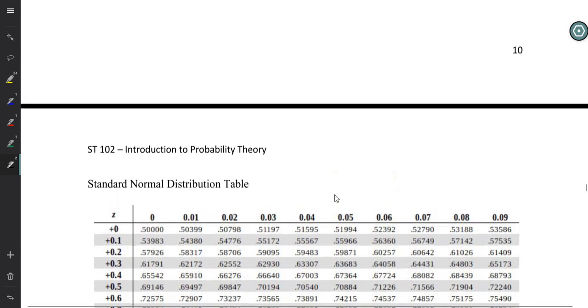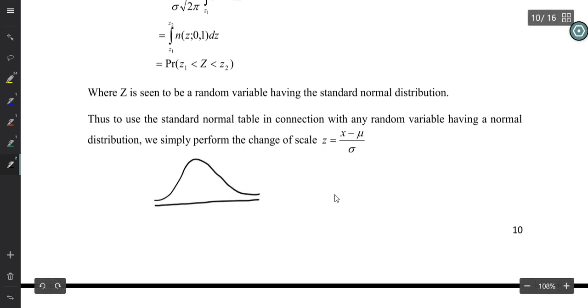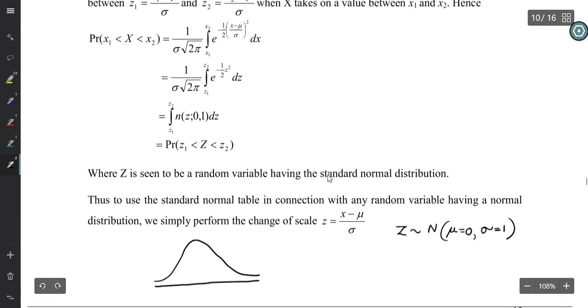First, let's look at how this standard normal curve looks. The standard normal density is a normal distribution with mean 0 and standard deviation and variance both 1.